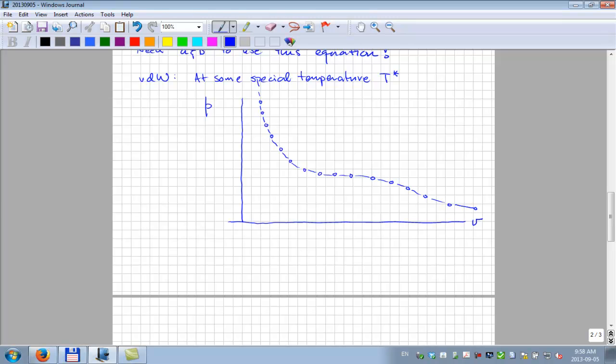And what's special about this behavior is that right at this point here, the derivative of this pressure volume data is 0.